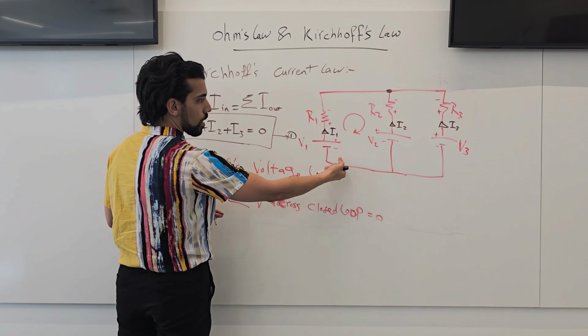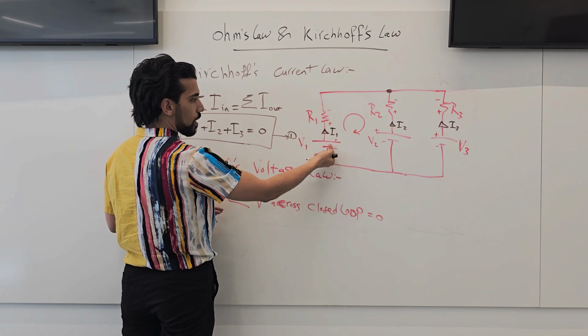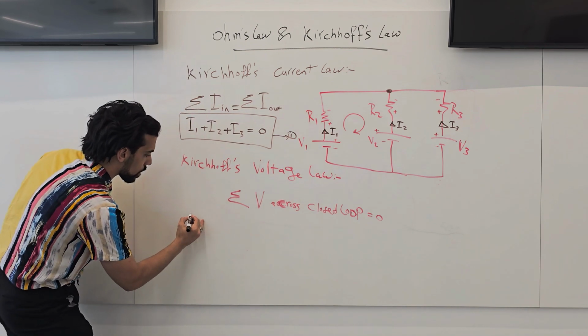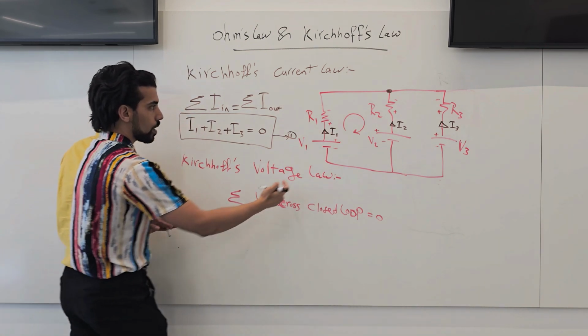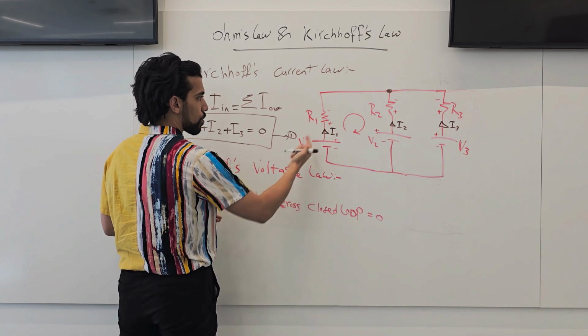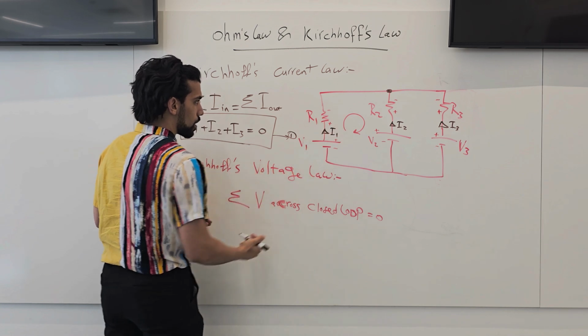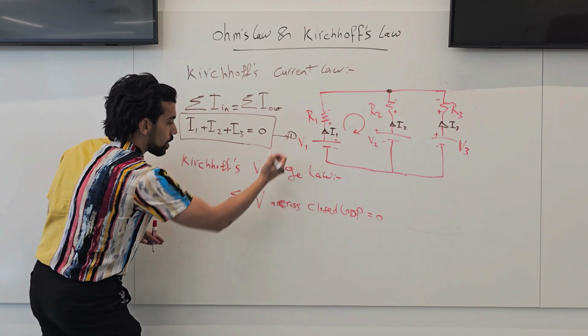Let's get the first sign that we see when we move around. We see negative V1. Then positive I1 multiplied by R1, which is the voltage on this resistance.